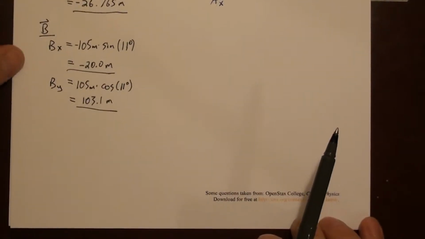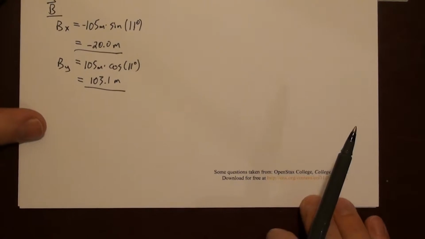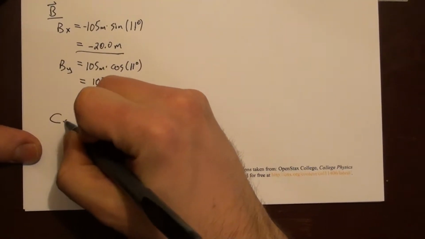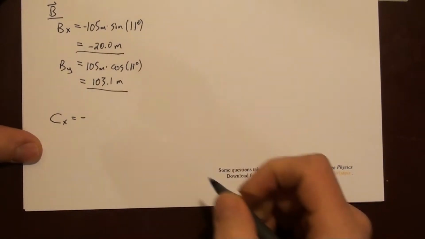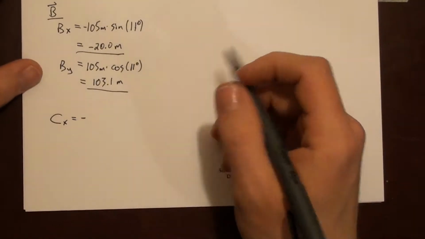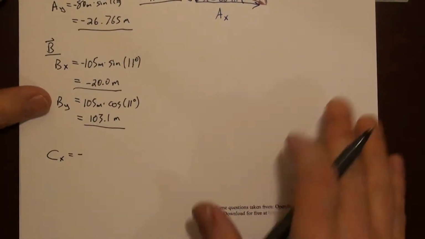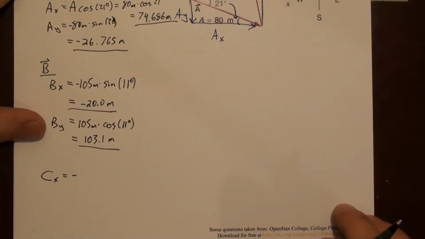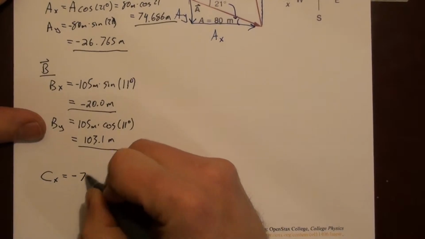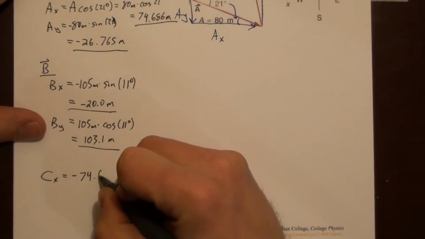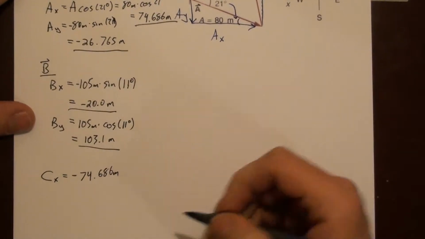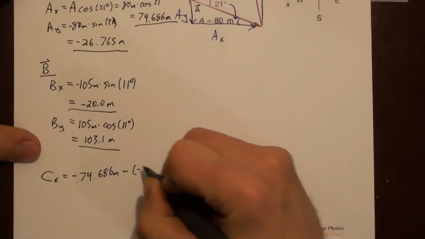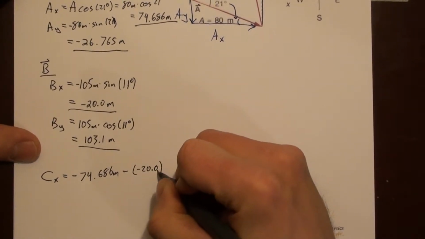Okay, so let me slide this down just a little bit. So c sub x is minus a sub x. So minus a sub x, that's a minus 74.686 meters, minus b sub x, which is a minus 20 meters.